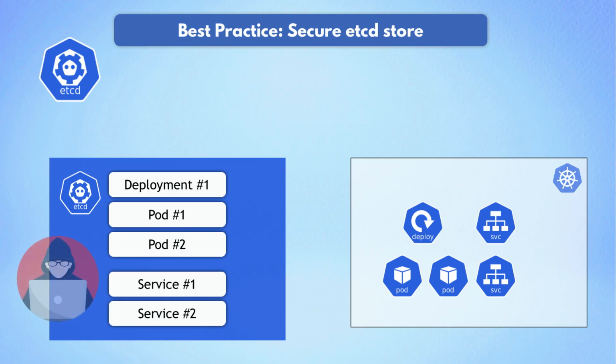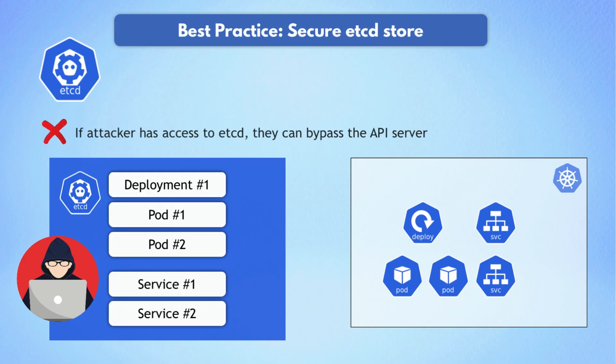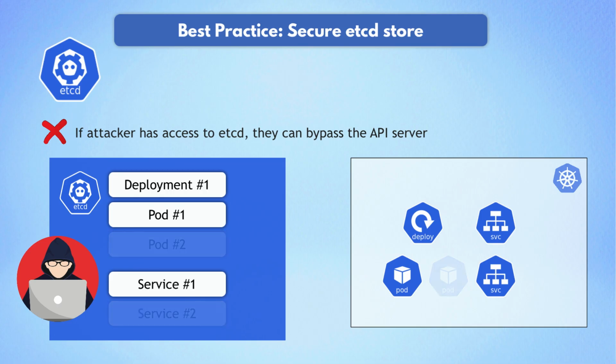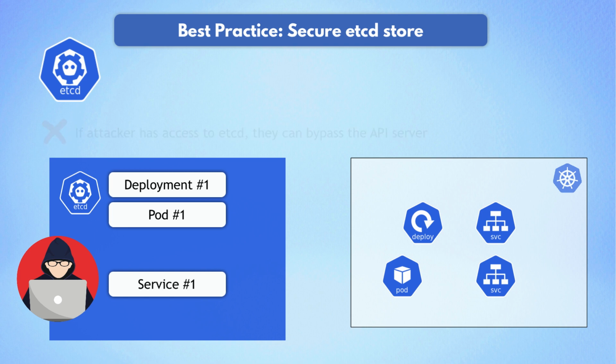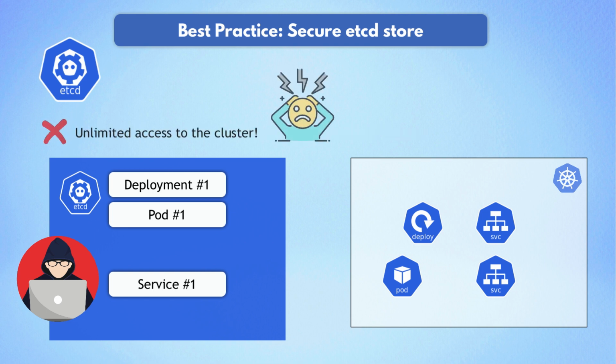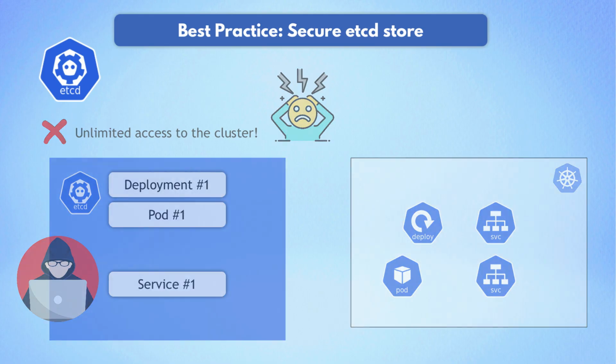This means if an attacker can get access to the etcd, they can bypass the API server and make changes directly to the etcd store, which will then result in Kubernetes resources being updated. And this would be actually an equivalent of having an unlimited access to the whole cluster where they can do anything they want, destroy, update resources, get access to the data, and so on.